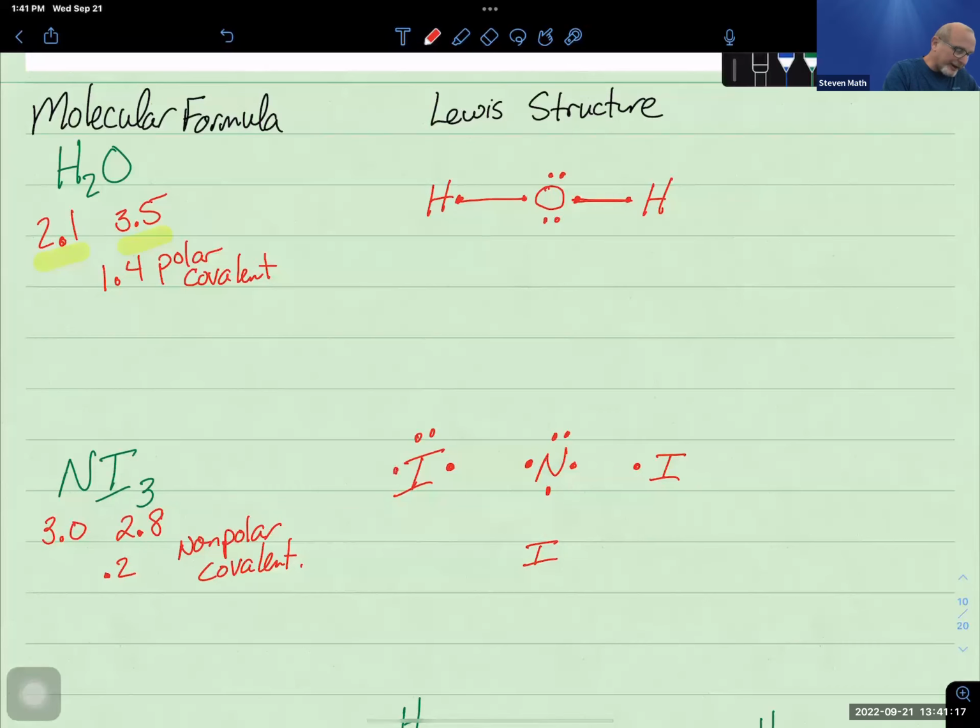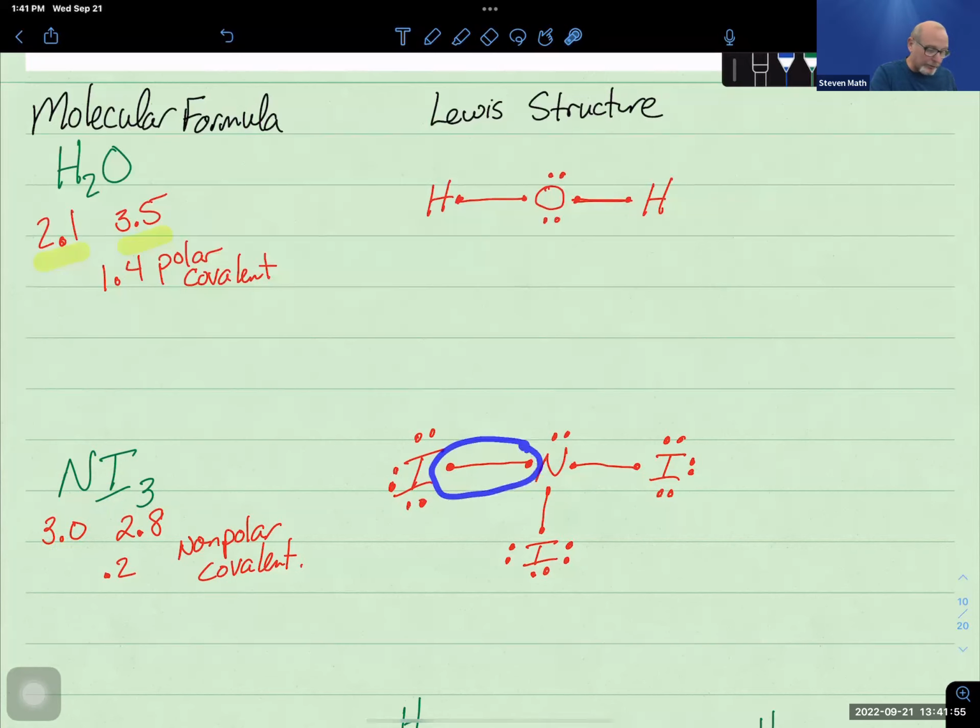And if I give iodine 7, that iodine is going to need to share 1 electron with nitrogen, and then it will have a stable octet. So if the iodine shares and shares and shares, the more electronegative gets an octet, right? Now, in this case, nitrogen was the more electronegative. So let's count how many electrons nitrogen has around it.